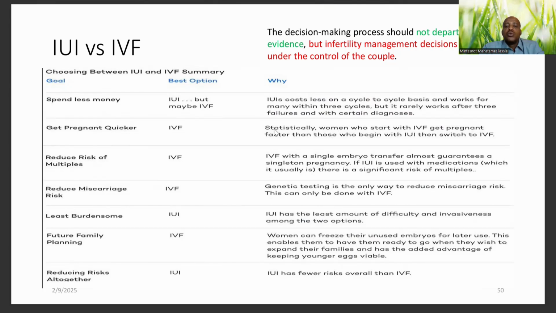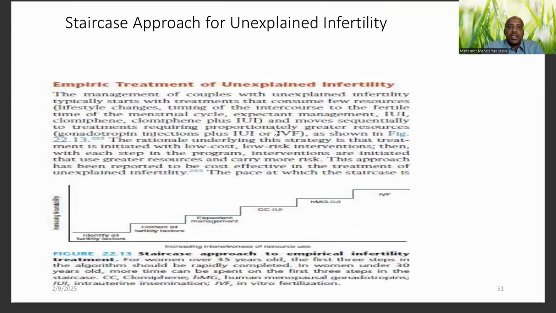So when you decide for IUI or IVF, it is not only the success that determines the thing. It is the whole package discussion that helps in decision making, and the patient should take the lead in this decision making.